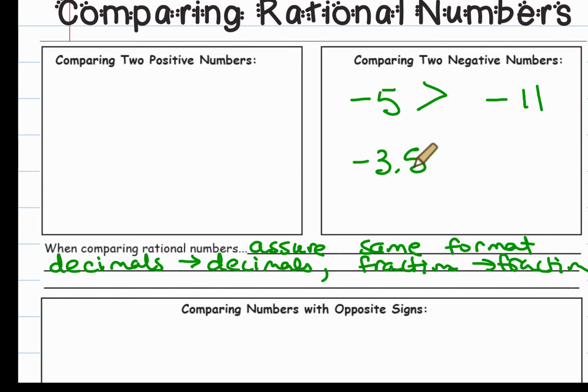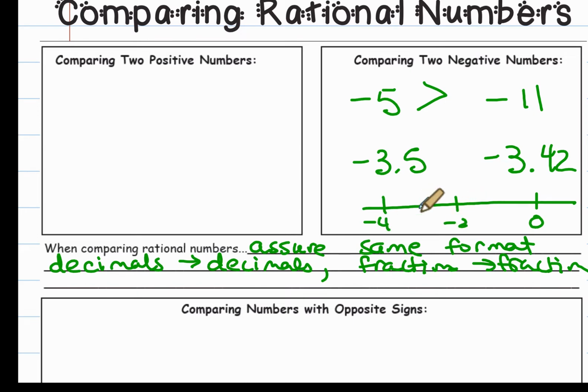So if I was comparing negative 3 and 5/10 to negative 3 and 42/100, how would I compare those? Well, if I was looking at a number line, here's 0, and here's negative 4, there's negative 2, and there's negative 3. I would get to negative 3, and then I would keep going, and negative 3 and 4/10 would be before negative 3 and 5/10.